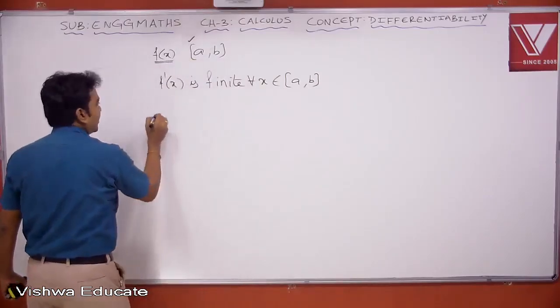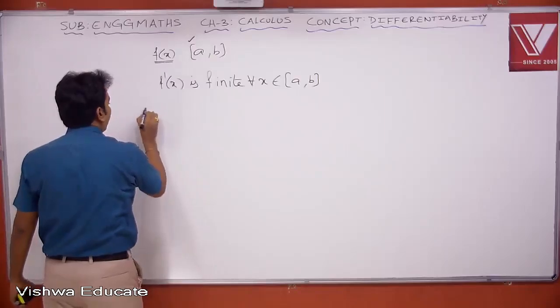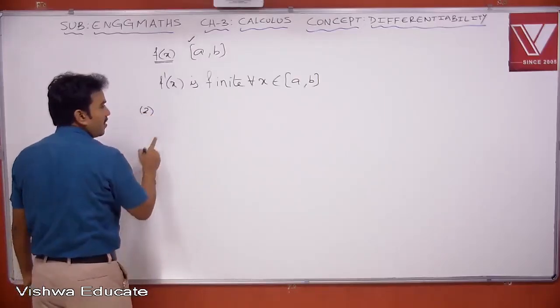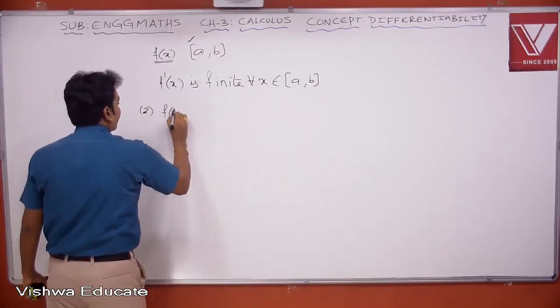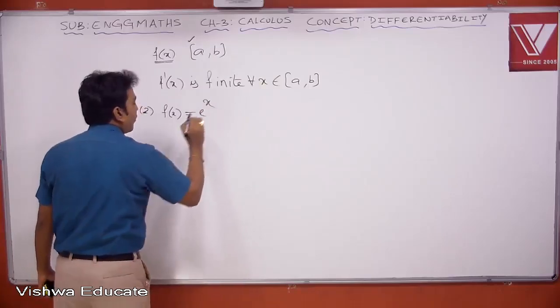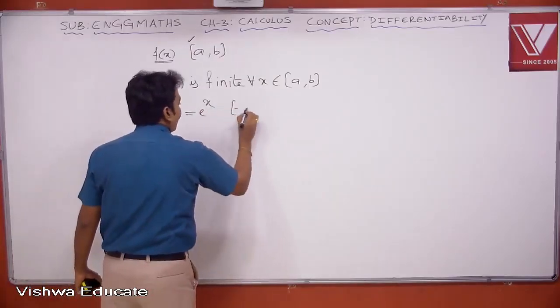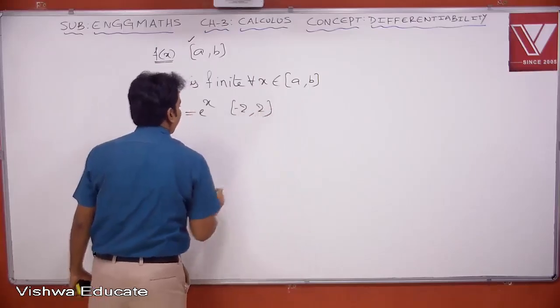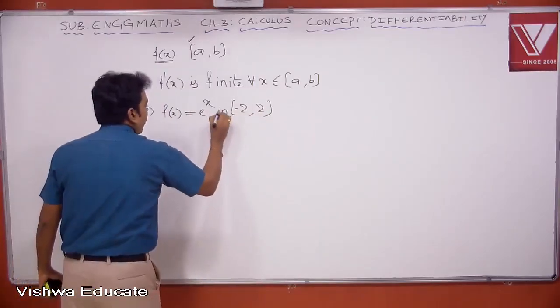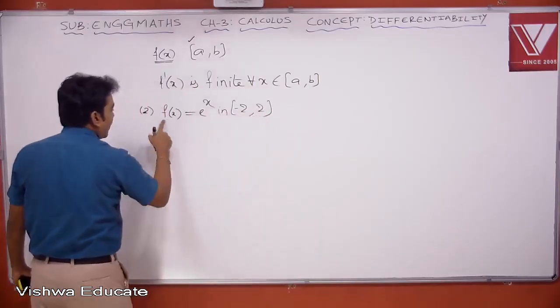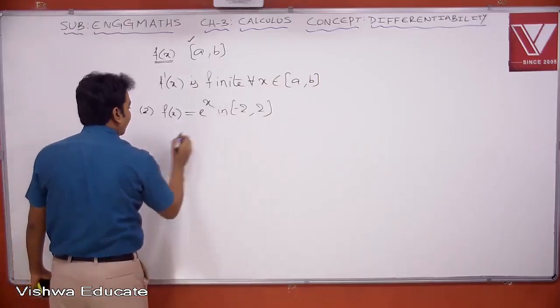In the last session we have seen an example of constant function. Now let us continue examples. Example 2. Suppose I have f of x equal to e power x. Let us take the interval as closed interval minus 2 comma plus 2. Let us verify its differentiability in this interval.